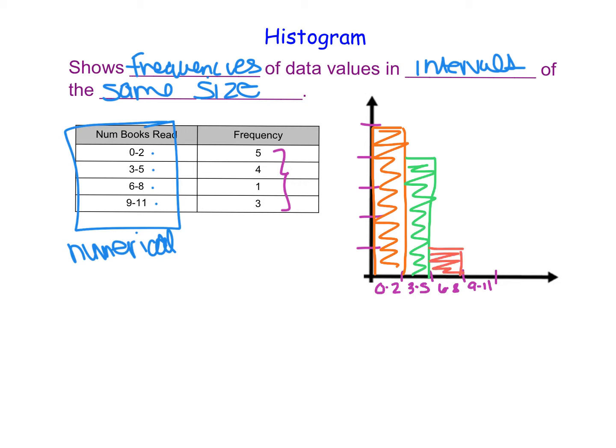And then finally 9 to 11 was at 3. So that needs to come up. So you can see that the little intervals, they actually kind of connect to each other. They are touching. And then you can kind of track what happens over time in those different intervals. So for the different intervals of books read, you can compare and see which number of books was the most popular, which was least popular, etc.